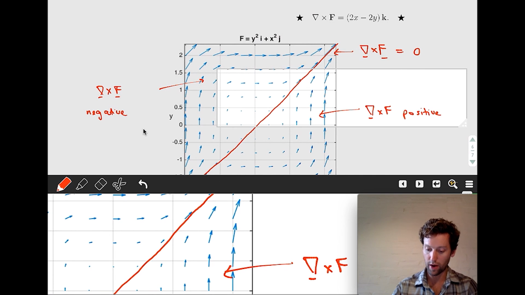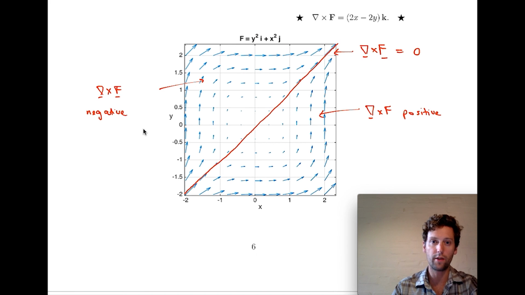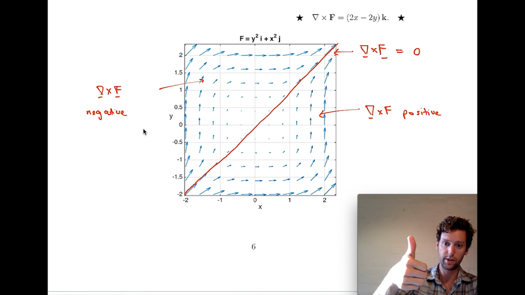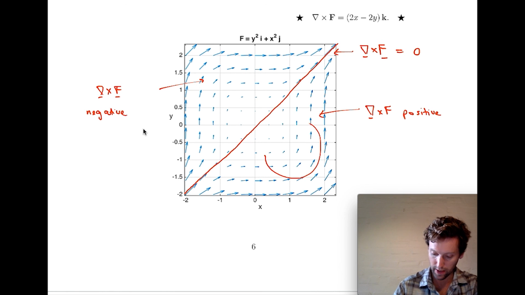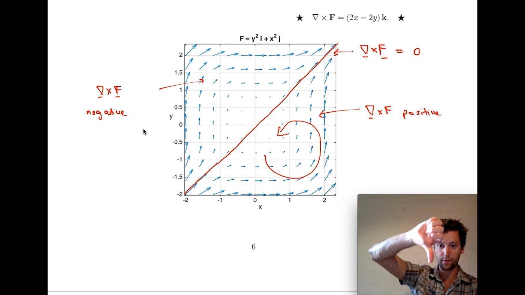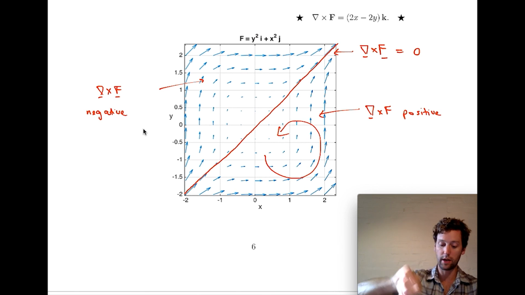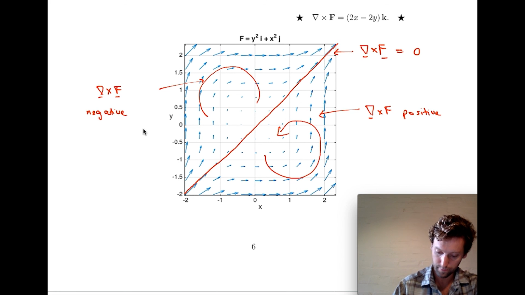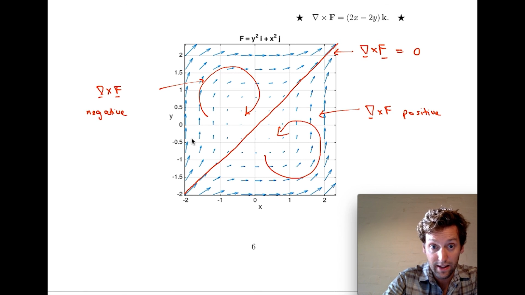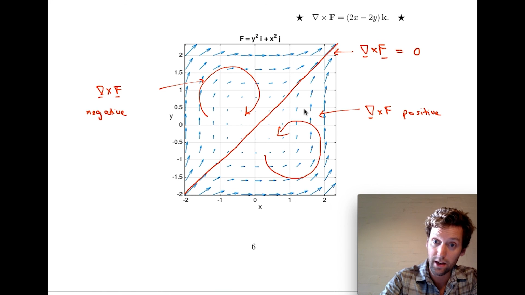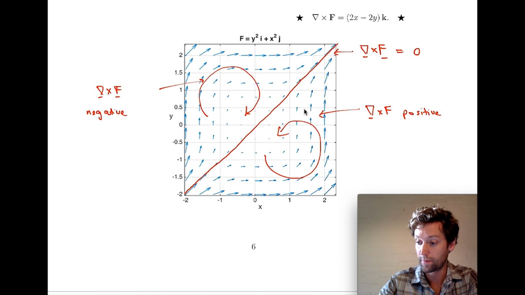So remembering again our right-hand screw rule, we can see that when I've got a positive curl, pointing our thumb in the positive z direction, I'm going to get an anti-clockwise rotation. And when I have a negative z direction curl, I'm going to get a clockwise rotation. And you can see that those arrows do indeed seem to rotate in the clockwise direction in the upper left-hand corner and in an anti-clockwise direction in the lower right-hand corner. So these correspond to the 0, positive, and negative curls in the z direction.